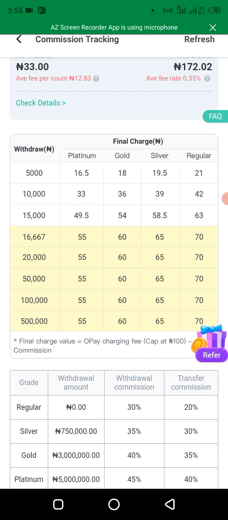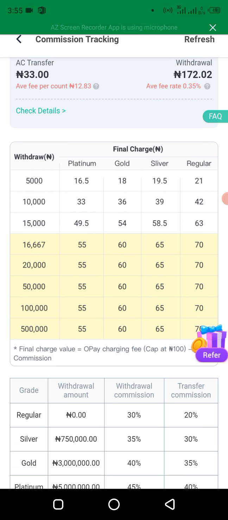On other platforms, they will charge you 5 naira for every 1,000 naira you do. That's if you withdraw 5,000 naira here, they will charge you 25 naira. That's 5 naira, 5 times 5. That's 25 naira. But for even the lowest level of agents on Opay, they will charge you 21 naira. So which means Opay is cheaper than any other platform.